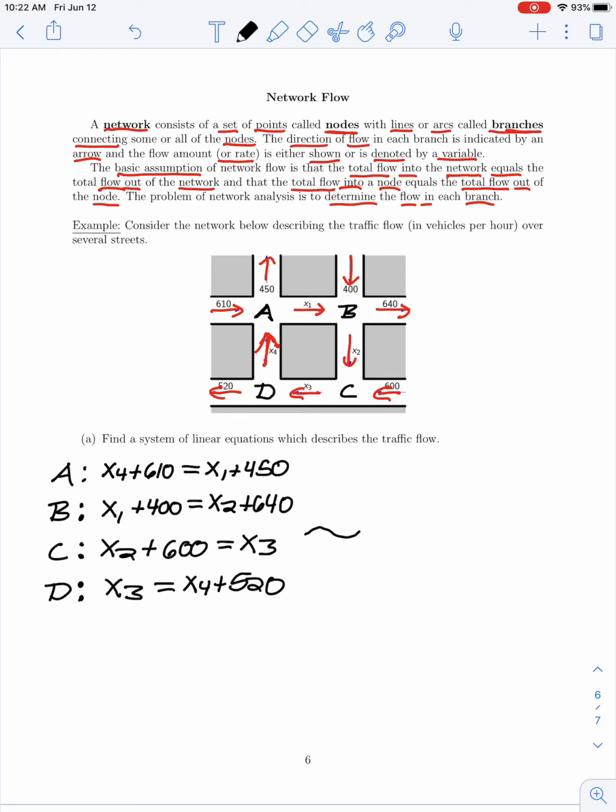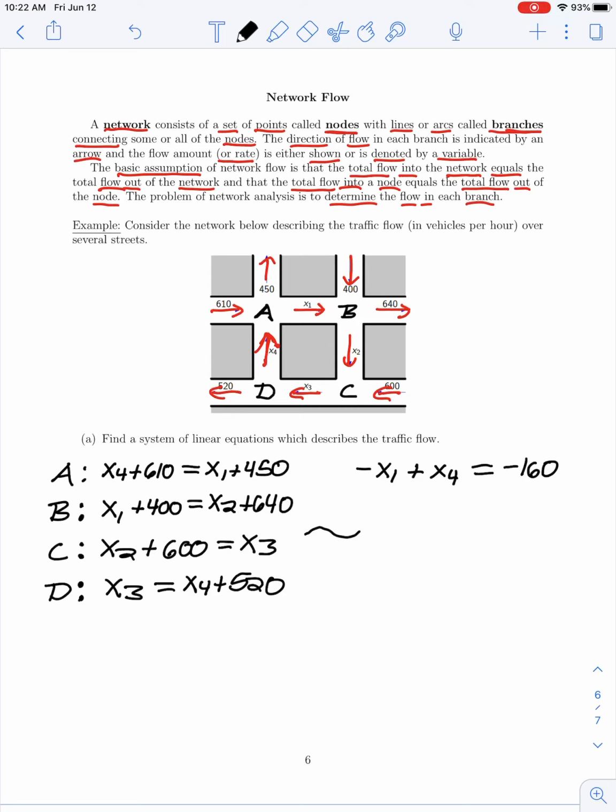So moving everything to the left-hand side in equation A, I have minus x1 plus x4. So I'll move my variables to one side, a negative x1 plus x4, and that's equal to, I'll leave all of my constants on the right-hand side, so I would have 450 minus 610, which is negative 160.